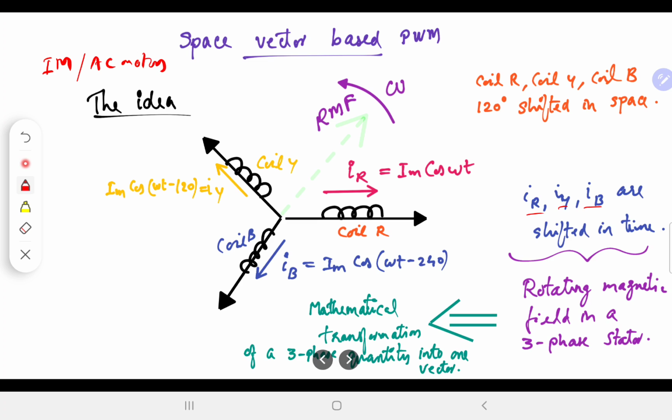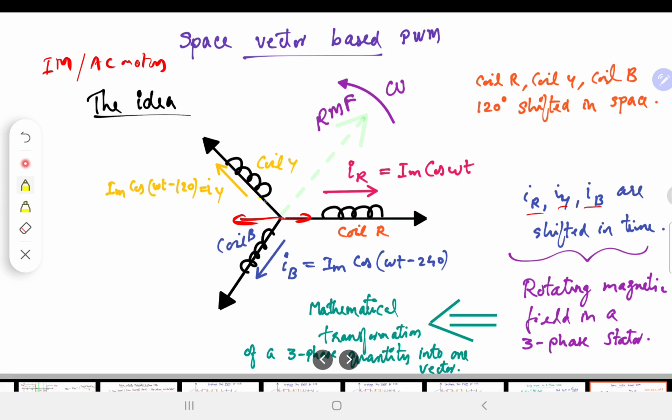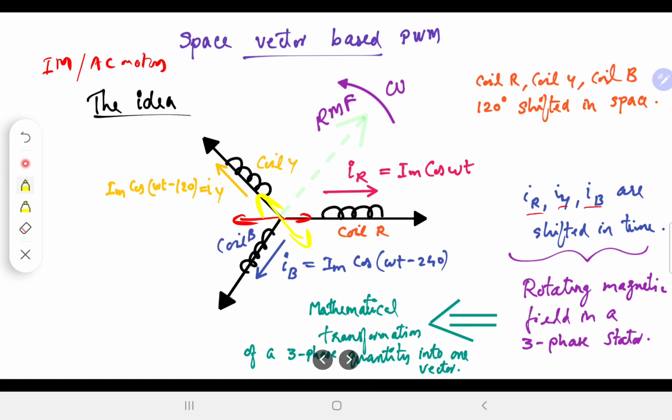So we have three-phase coils which are shifted in space, and we apply three-phase currents which are shifted in time. So for example, IR would result in an oscillating magnetic field in this direction, and the Y phase will generate an oscillating magnetic field in this direction, and the blue phase will generate an oscillating field in this direction.